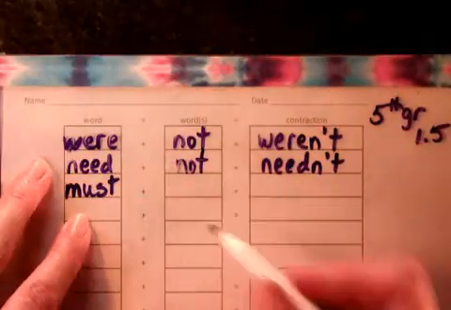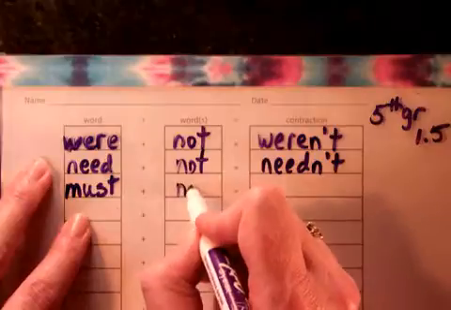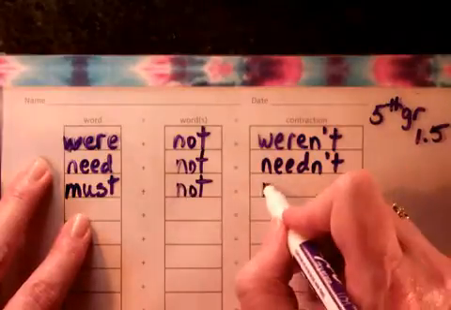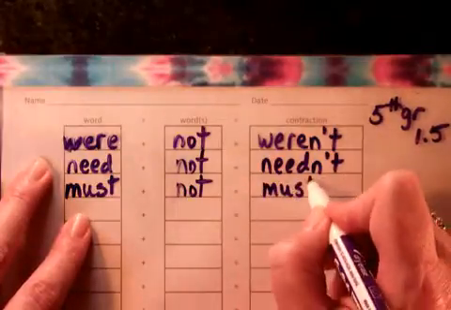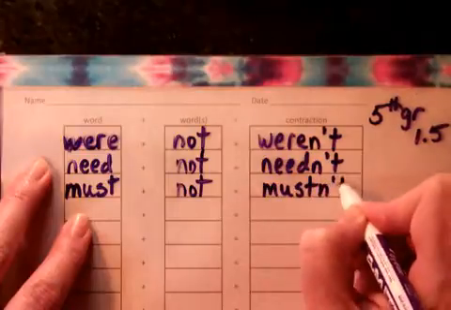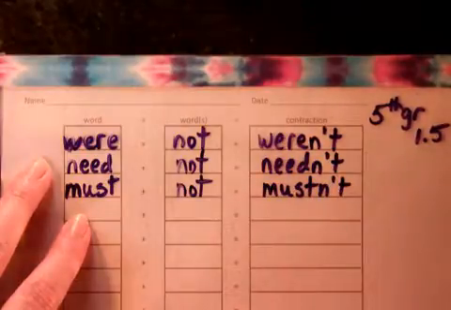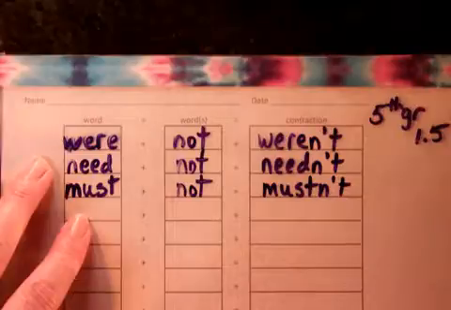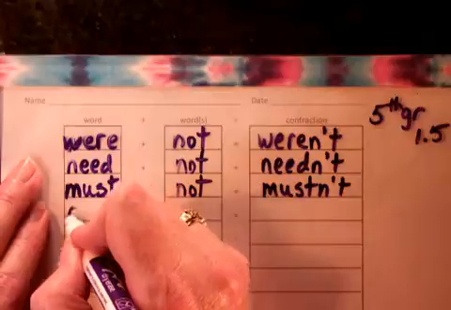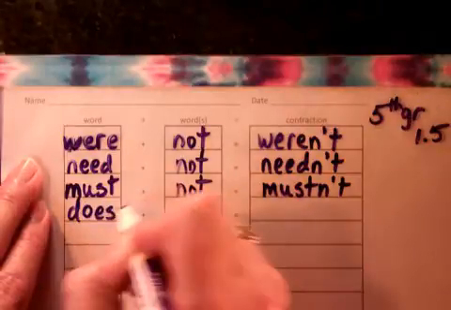The first word is must. The second word is not. Must, N, apostrophe T, mustn't. The next one is does and not.